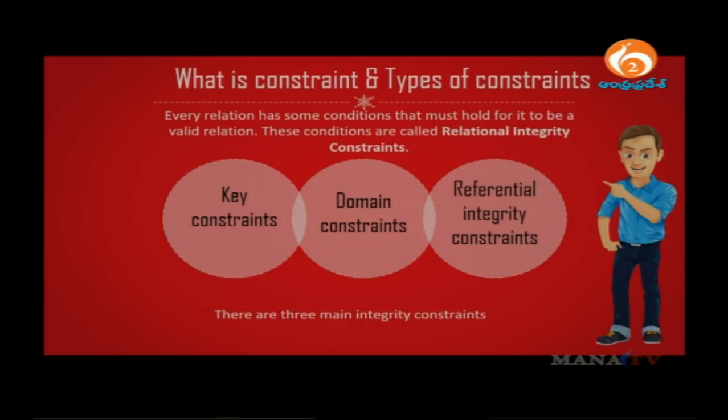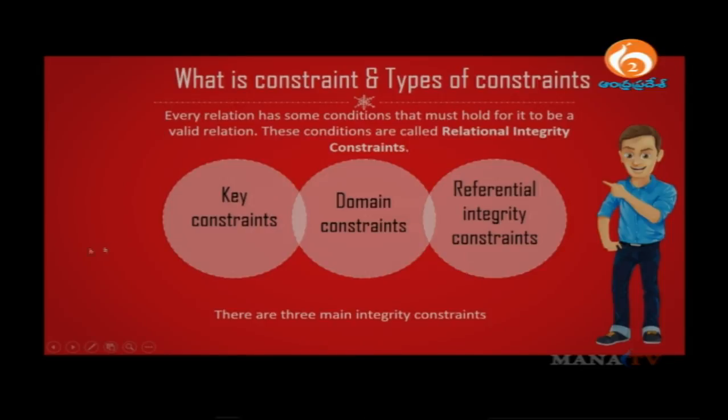Let me show you the slide again once. You have a constraint and you have different constraints here. Every relation has some conditions that must hold for it to be a valid relation, and these are called relational integrity constraints, in which you have key constraints first of all.